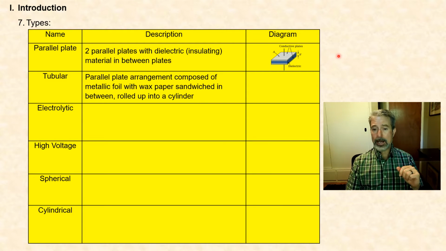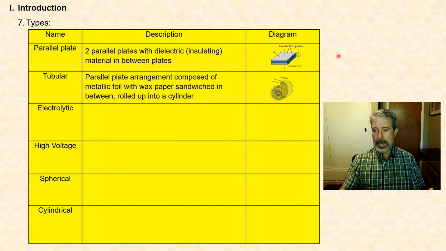A tubular capacitor, which looks like this, is a much more common form of a capacitor. This is nothing more than a parallel plate capacitor made with two pieces of foil, typically metallic foil, very thin, with a piece of wax paper to serve as the insulator sandwiched in between them. So it's a form of a parallel plate capacitor that is rolled up so that it doesn't take up that much space.